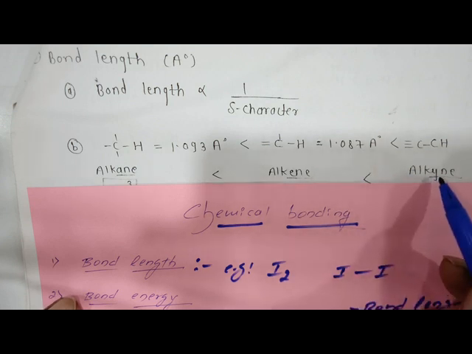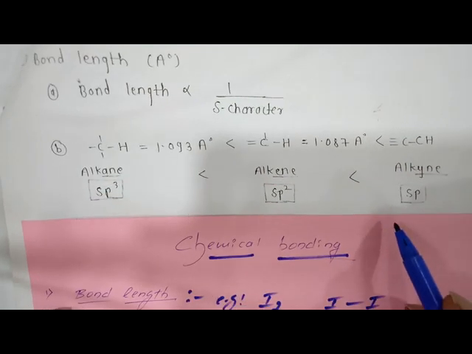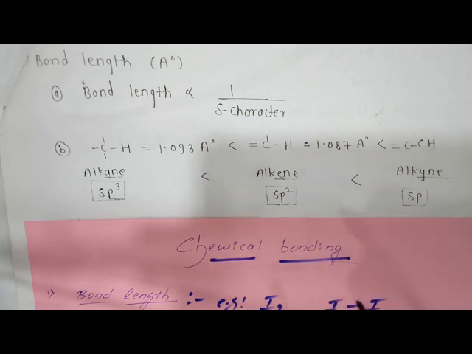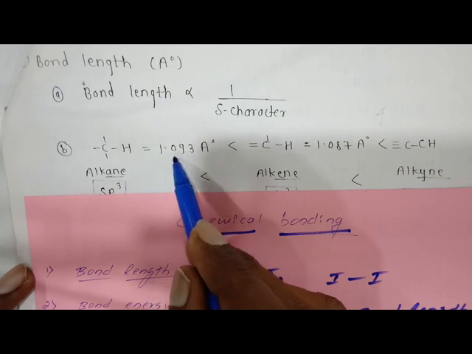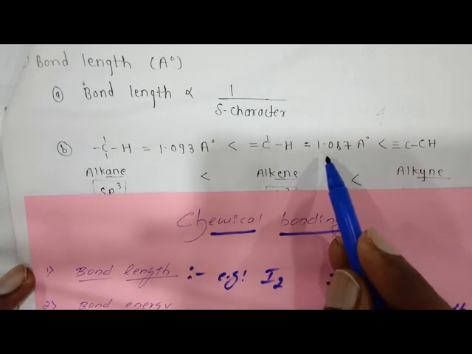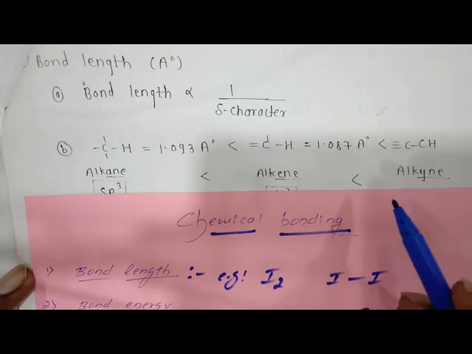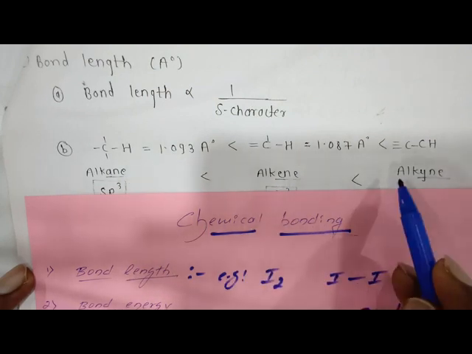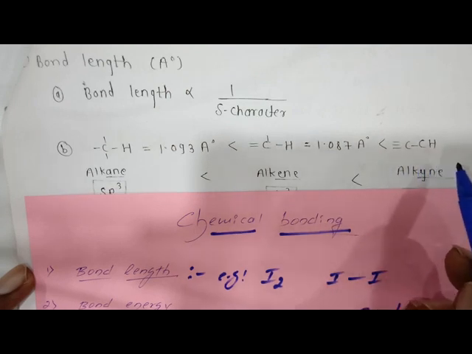Considering an alkyne, the bond length is somewhat less again than the alkene. So in alkane the bond length is 1.093, alkene 1.087, and alkyne somewhat lesser than this. What it means is, as we move from alkane to alkene to alkyne, the bond length goes on decreasing.